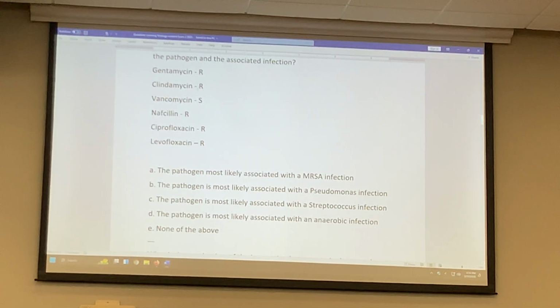So again, that is unlikely because the organism is resistant to clindamycin, so it's unlikely that it's an anaerobe, right? So based on all this, I think we can agree on A, that it's MRSA. Are you guys clear about this? Are there questions?